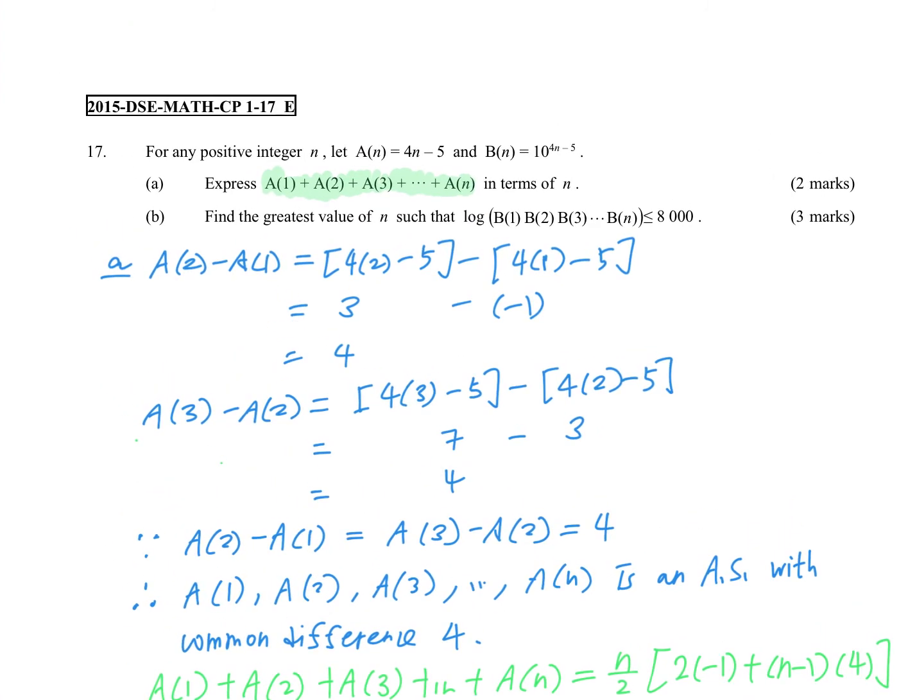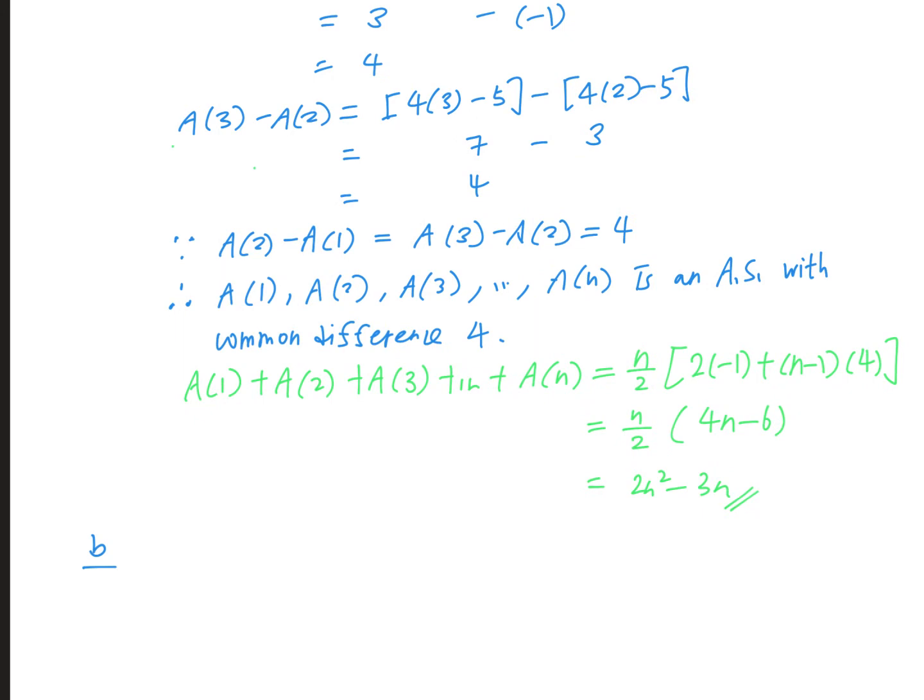So here, you try to look at what's the relationship between an and bn. So here you can see, for all positive integer n, bn equals 10 to the power of an.